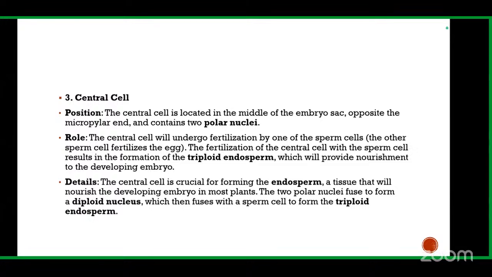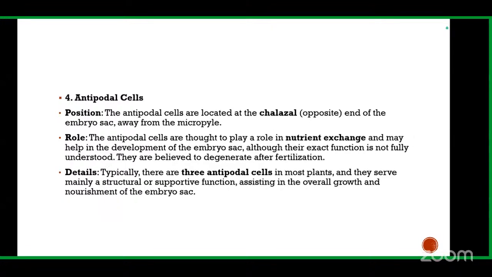The central cell is crucial for forming the endosperm, and endosperm is the tissue that will nourish the developing embryo in most plants. The 2 polar nuclei fuse to form a diploid nucleus, which fuses with the sperm cell to form the triploid endosperm. Next are the antipodal cells. These are located at the chalazal end, the opposite end of the embryo sac.